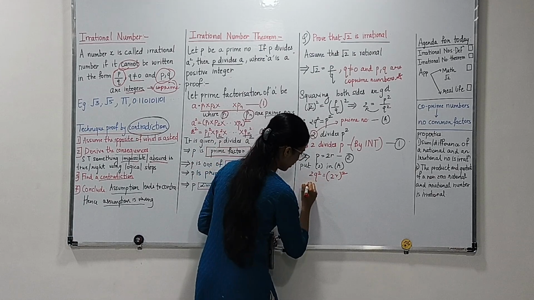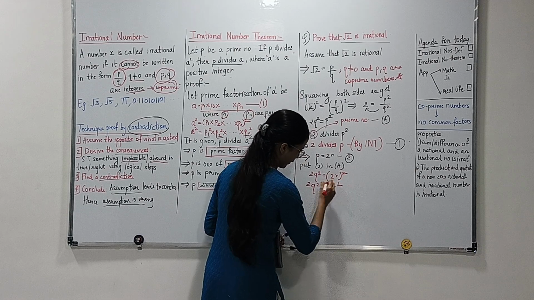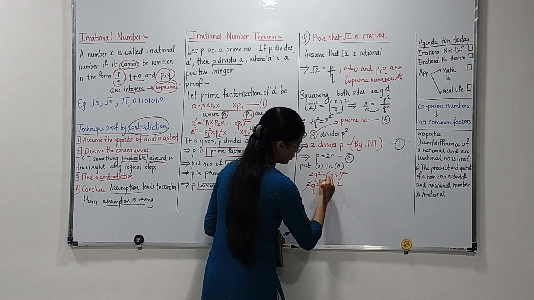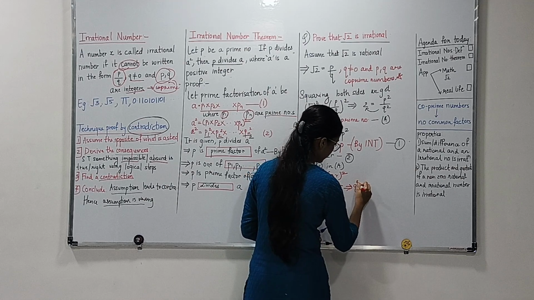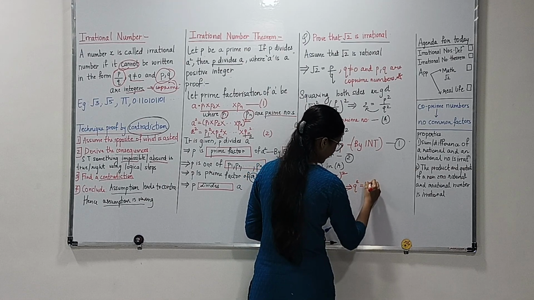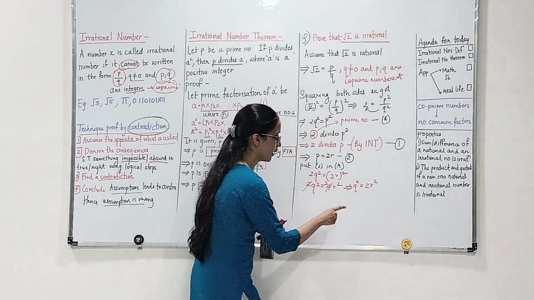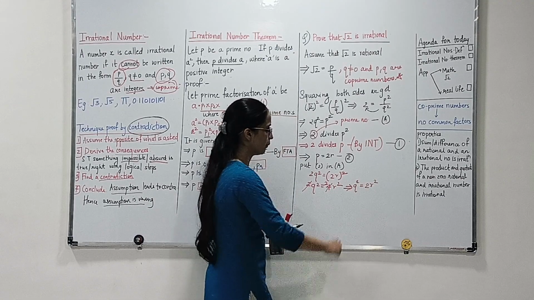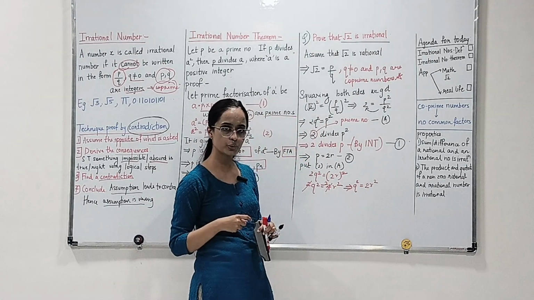So that is 2 into q square. We have 4 into r square. 2 ones are 2, 2 twos are 4. This implies that q square is nothing but 2 into r square. So now what did you get? You get that q square equals 2 into r square. This is same like this arrangement where your p square was 2 into q square.